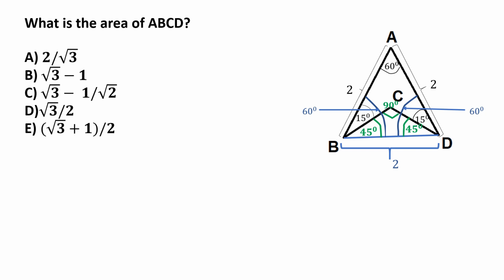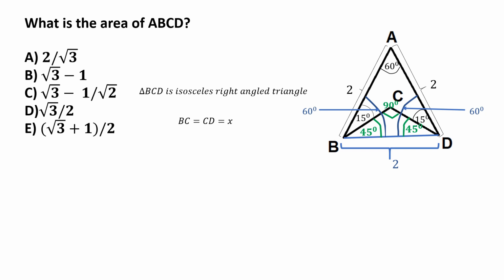So triangle BCD is a special kind of isosceles triangle, a right-angled isosceles triangle, right? Where we have the angles as 90, 45, and 45. That will make the lengths of the sides BC and CD equal. So let that length be x.